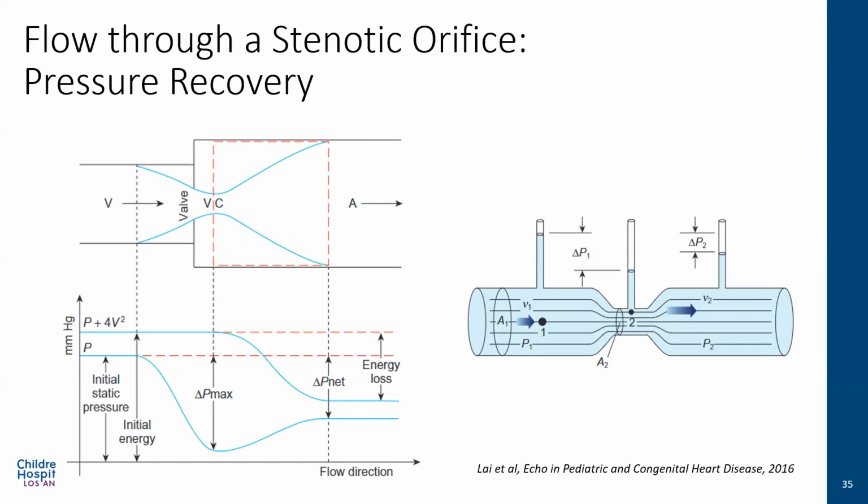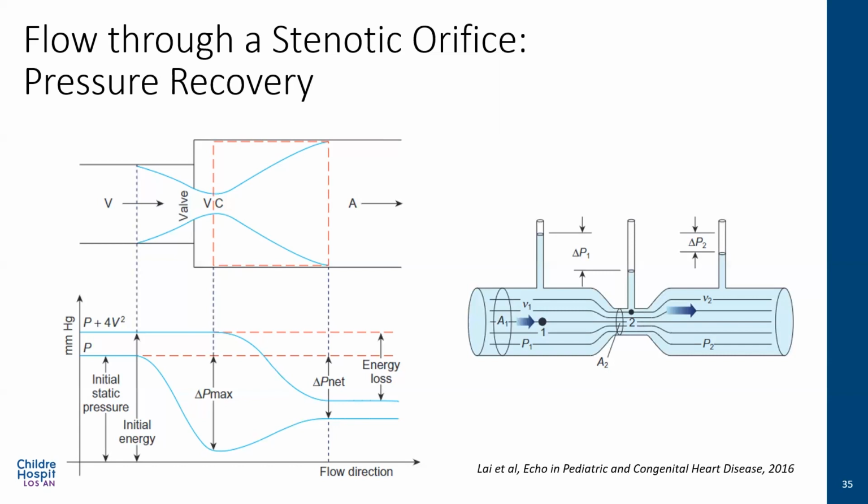And as the flow accelerates across the valve, your static pressure is going to reach a minimum value at the vena contracta and then rise to a final level, which is labeled as the delta P net there, that is below the initial level. Then distal to your vena contracta, your parajet turbulence flow results in loss of kinetic energy that is not fully compensated by the pressure recovery. And so there is a net loss of energy.